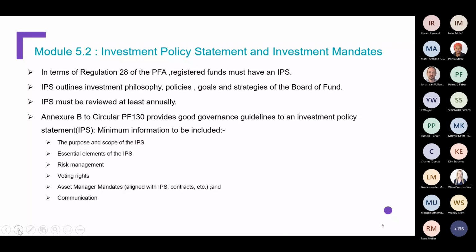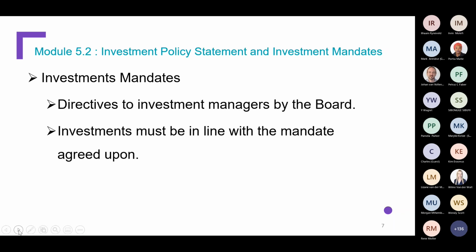It can also include the asset manager mandates, which are aligned to the IPS, and any contract that has been agreed upon with the board. It can also include the communication, which includes the monitoring and the reporting on the IPS.